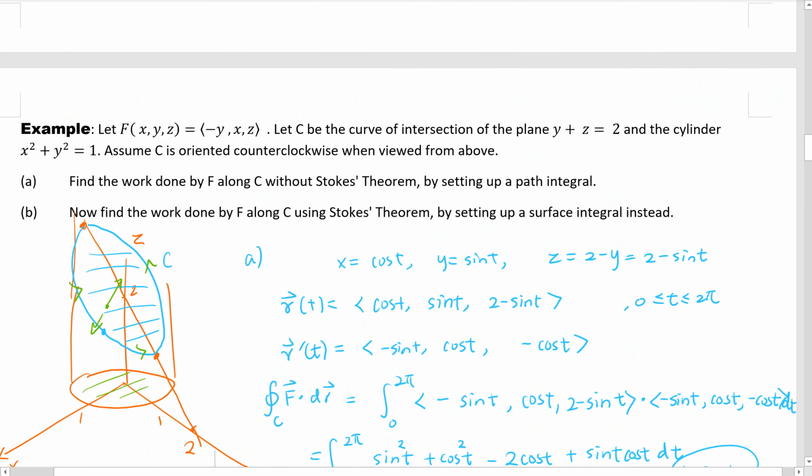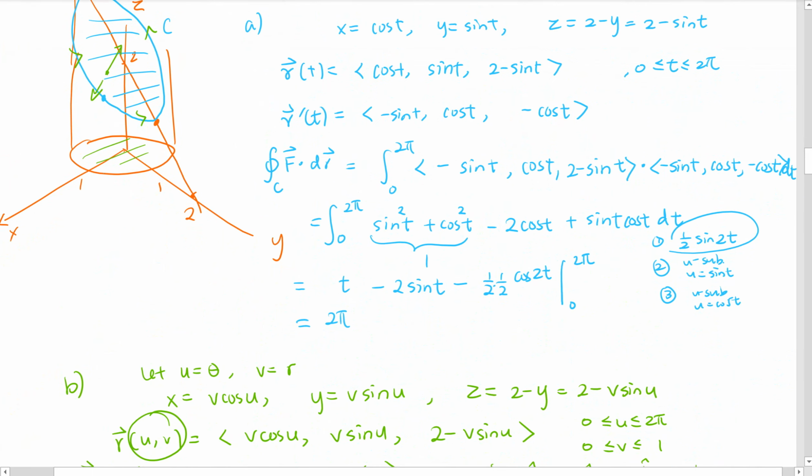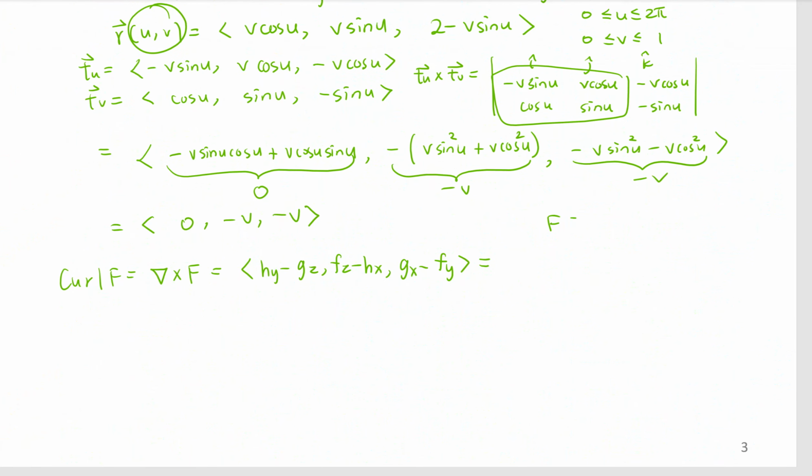Our f is negative y, x, z. So this is f, g, h. hy is 0, gz is 0, fz is 0, hx is 0, gx is 1, fy is minus 1. So this is just 0, 0, 2. So far so good, it's very simple.